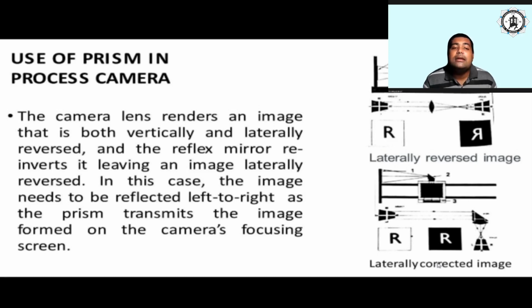We want laterally correct images in our transparency also, from which we are going to make plates finally to print, right? So in order to do that, our camera has this prism lens system, which helps not only to focus the image correctly onto the transparency, but it also performs another important role of laterally correcting your image.